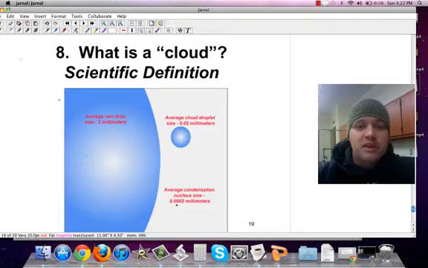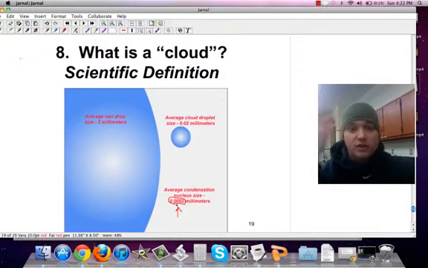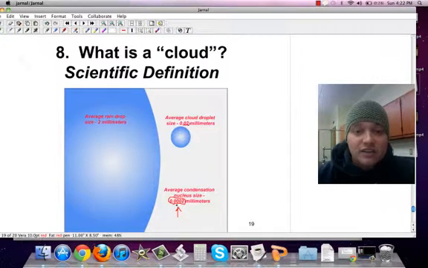So how small can this be? When you look at one of these diagrams that I took from one of the National Weather Service sites, you look at the size. So you're looking at 0.0002 millimeters. So exceptionally small little pieces of material that are floating in our atmosphere. And then you look at the average cloud droplet, how big it is, and again, it's exceptionally small, 0.02 millimeters.